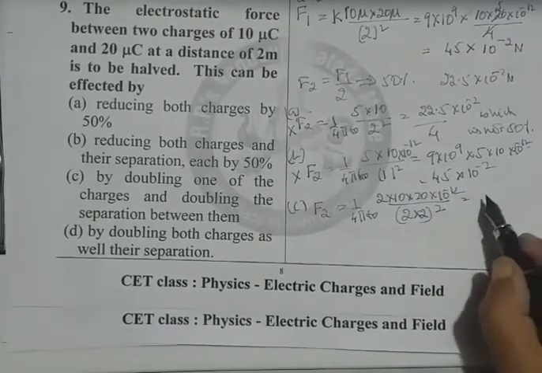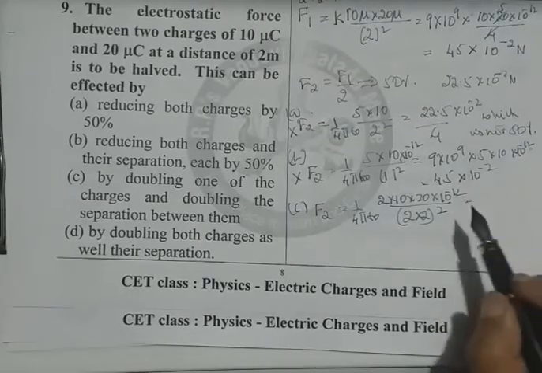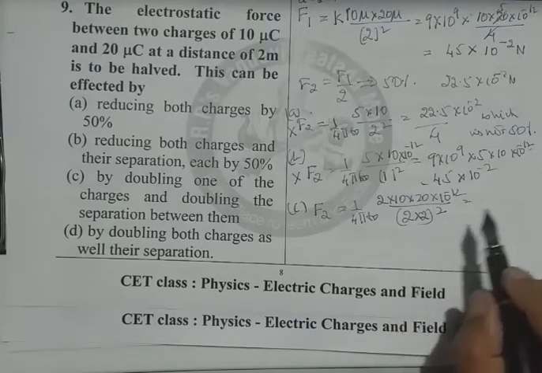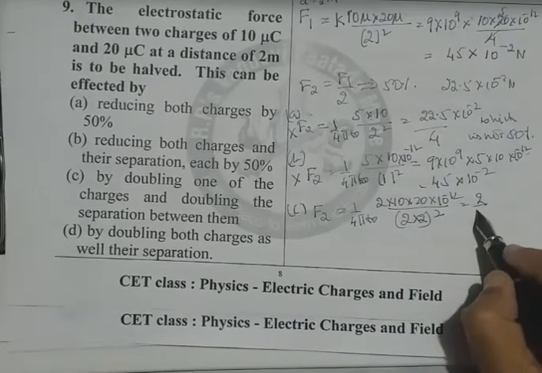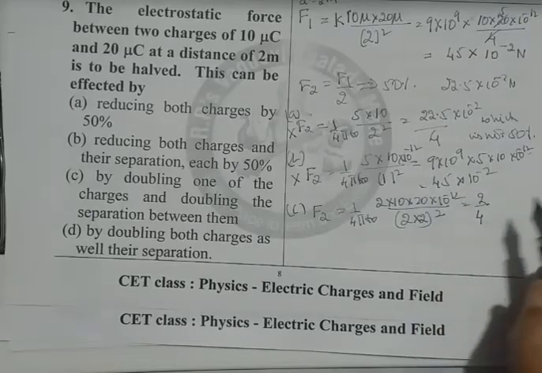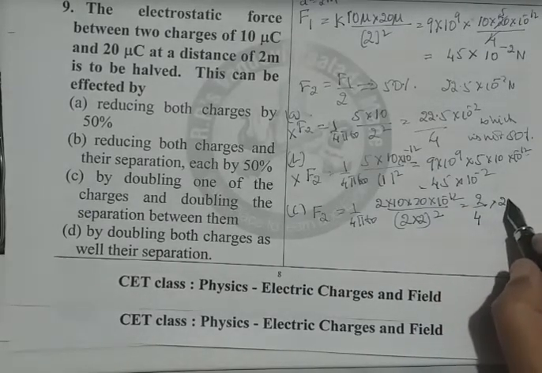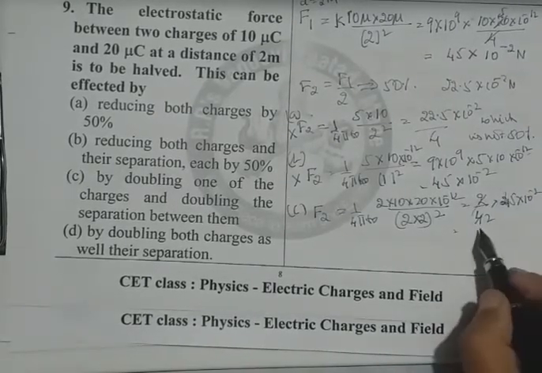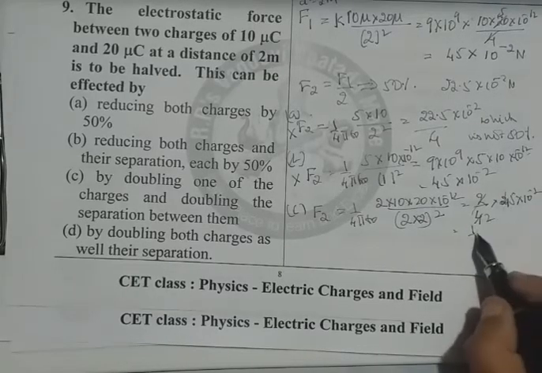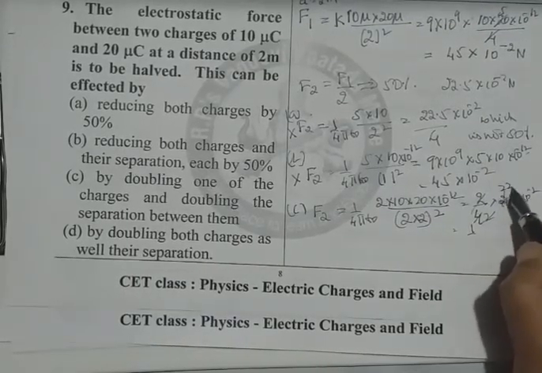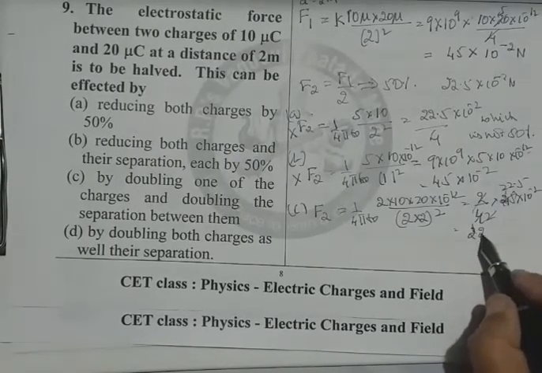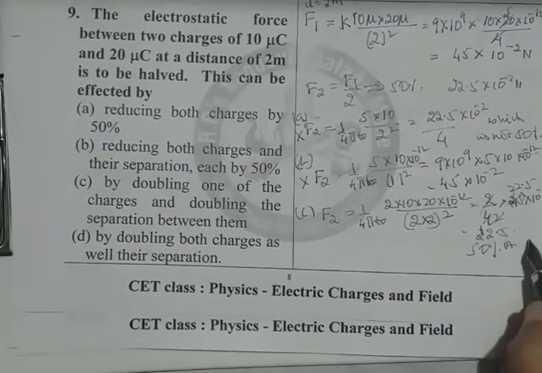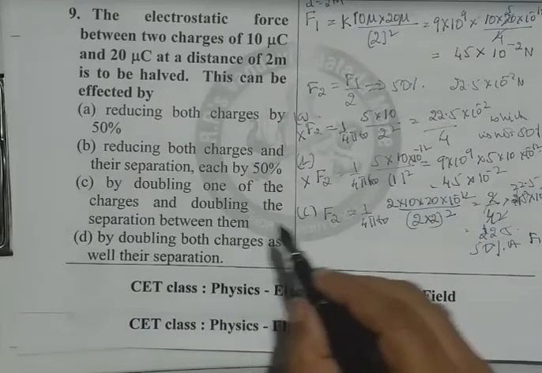Observe, compared to the F1 calculation, we have the extra thing only, 2 by 4 in the denominator, all other things are same, therefore it is 45 only. Therefore I can write it as half of that, that is 22.5. Therefore F2 is 22.5, which is 50% of F1. Therefore option C is right.